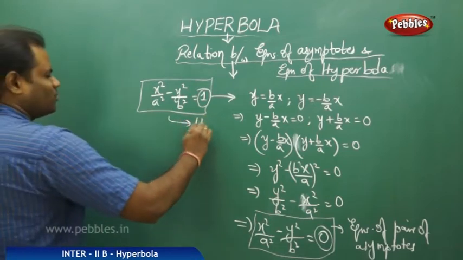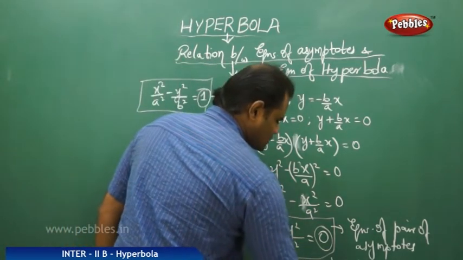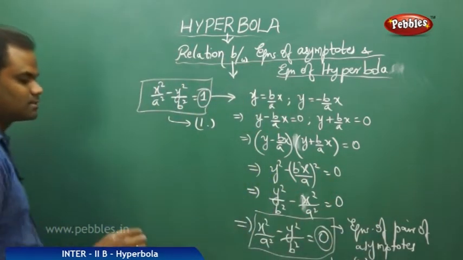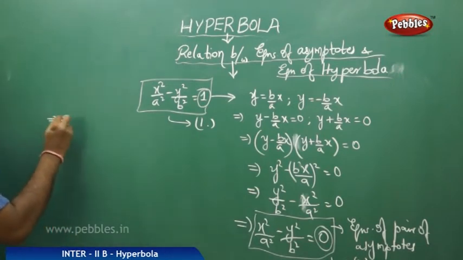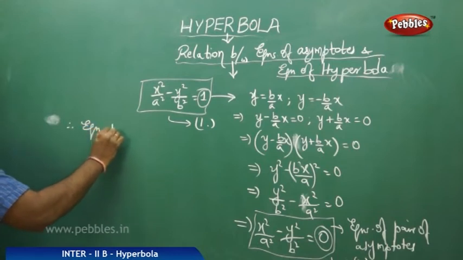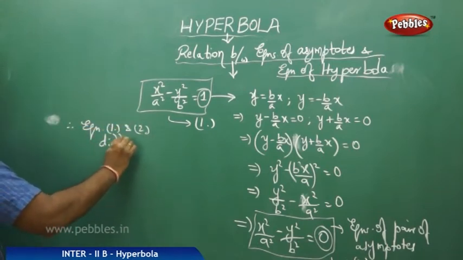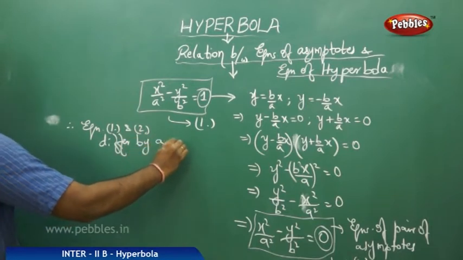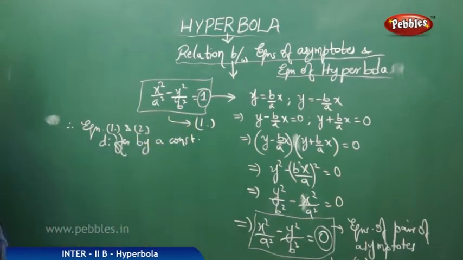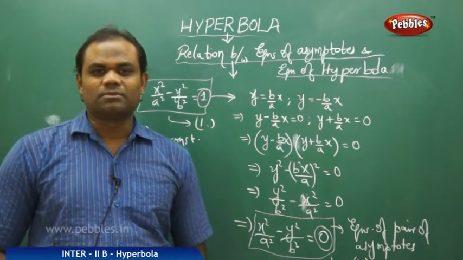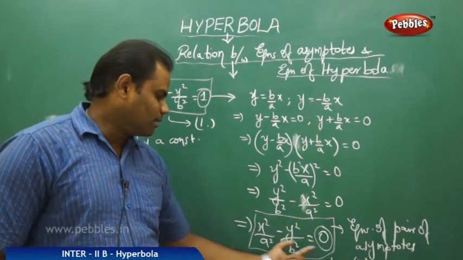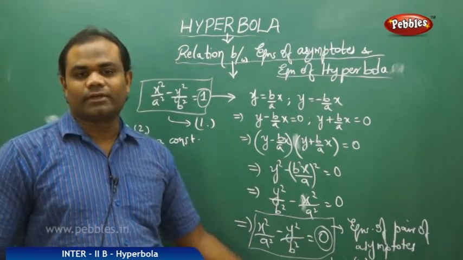So this is equation 1 and this is equation 2, therefore equations 1 and 2 differ by a constant. That is, the pair of asymptotes always differ by a constant, here equated to 0.